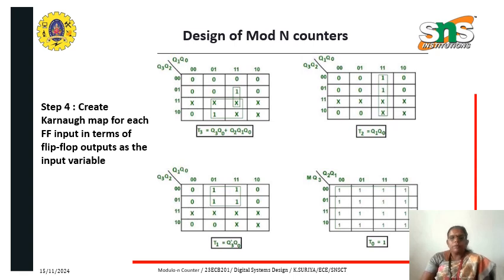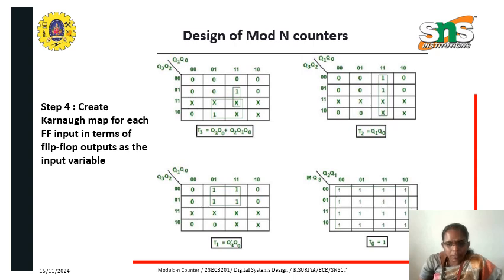Next we will be creating a Karnaugh map for each output T3, T2, T1 and T0 from the previous truth table. And you'll be getting the following expressions. For T3, it is equal to Q3 Q0 plus Q2 Q1 Q0. For T2, it is Q1 Q0.